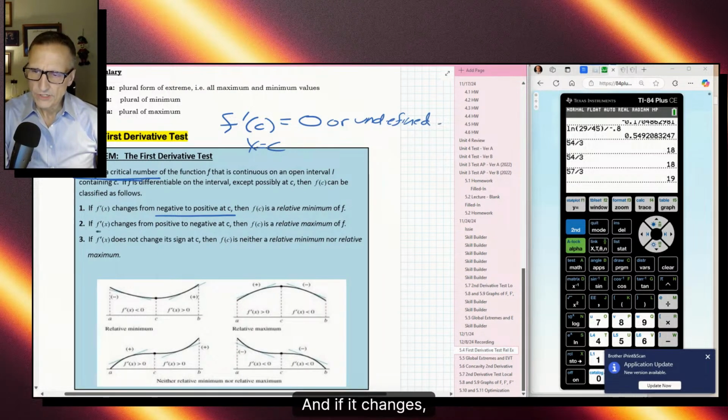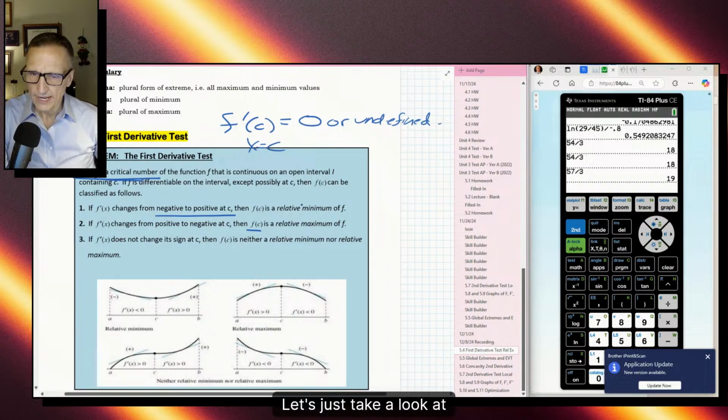And if the derivative of the function changes from positive to negative, that means the function f of x has a relative maximum of f at that particular value.